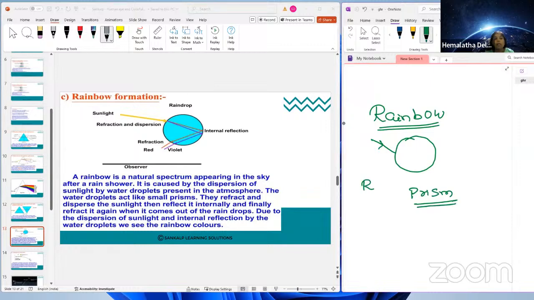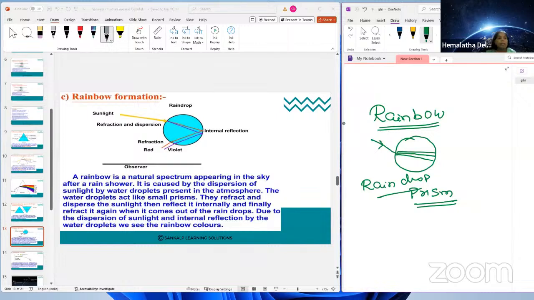White light enters like this and splits up into 7 colors. The same thing happens because the raindrop acts as one natural prism. It is transparent, right? So it acts like this.